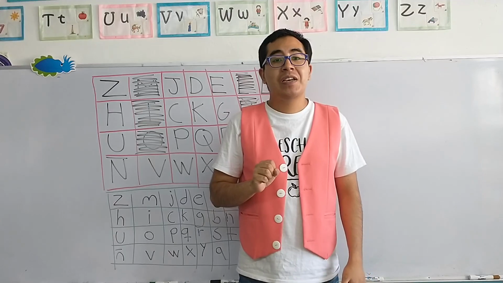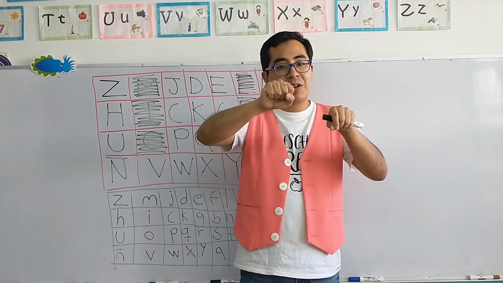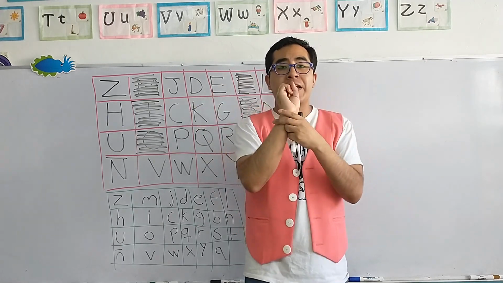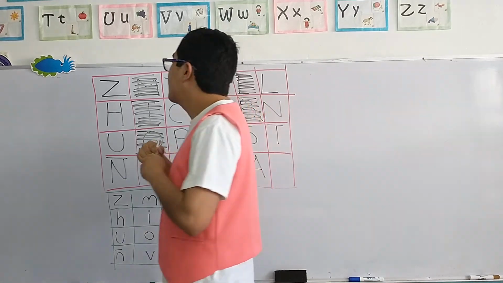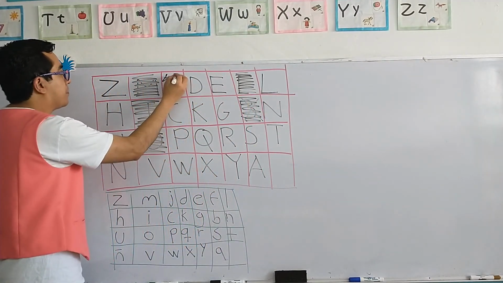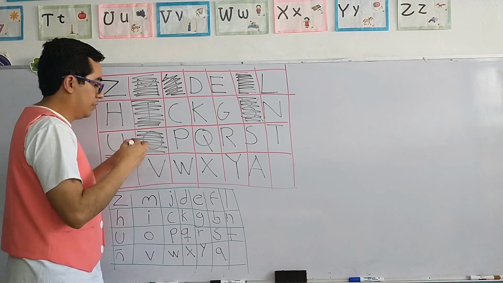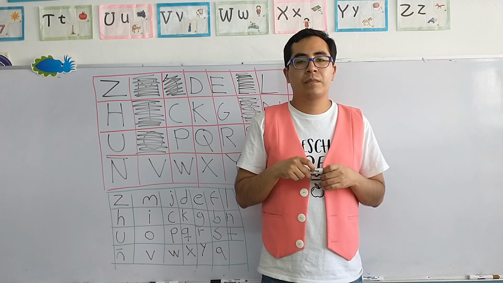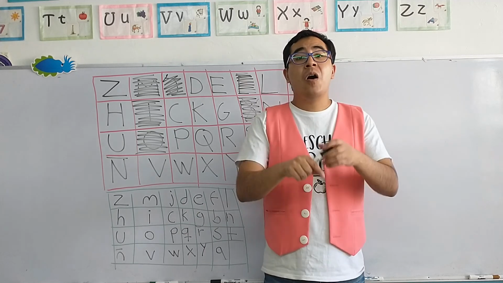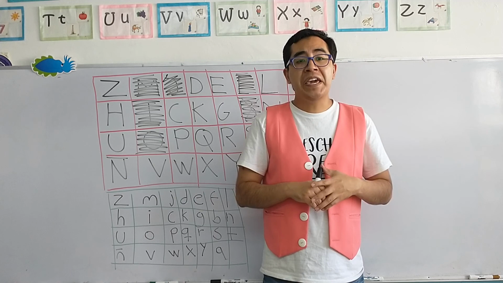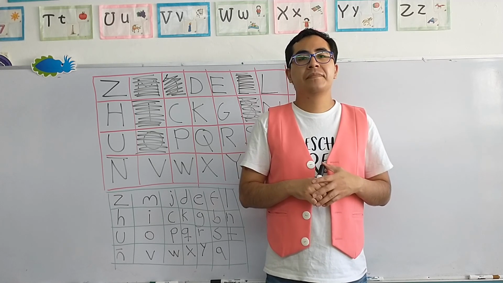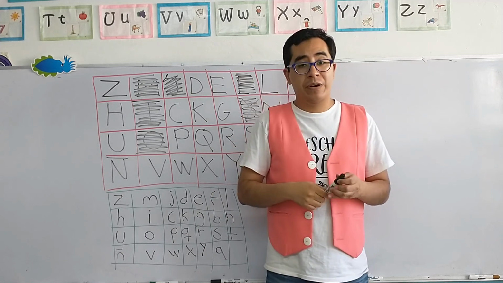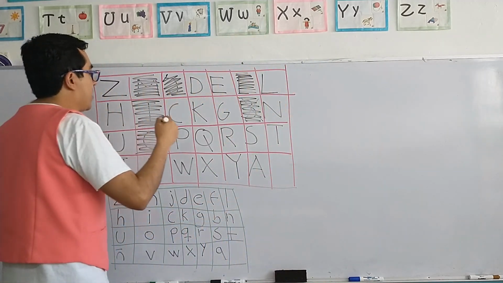Remember the Jack in the Box, the toy that looks like a clown, where when you turn the handle, it appears. This one. Capital K of kite, of key. Remember the key? An object that we use to unlock a door. Right here.